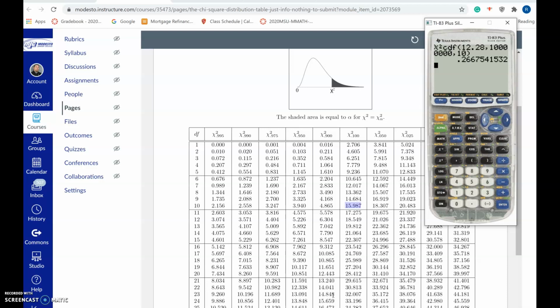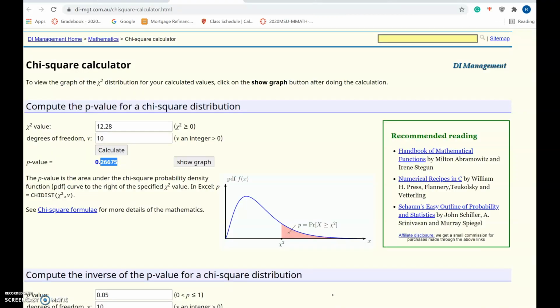There is a possibility that a homework assignment is using the table, and in that case they would have said the closest one would be 15.987 with a 0.10 p-value. Now, I'm not going to write it because it's so off, but let me show you the chi-squared calculator.